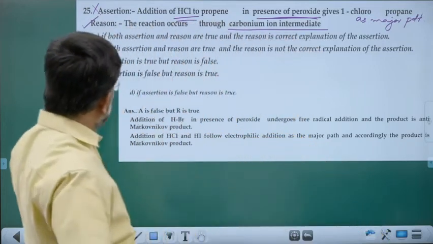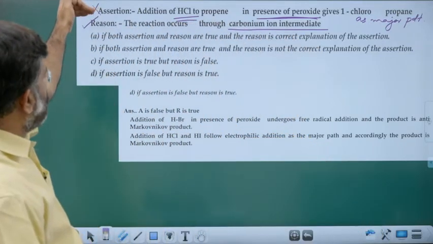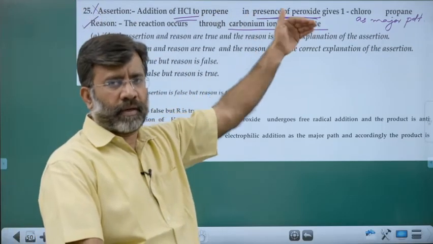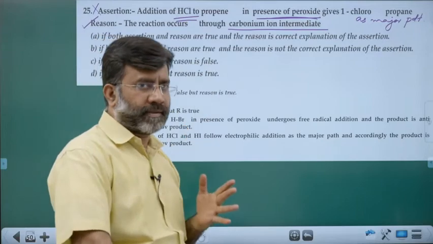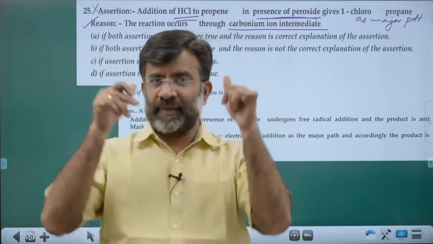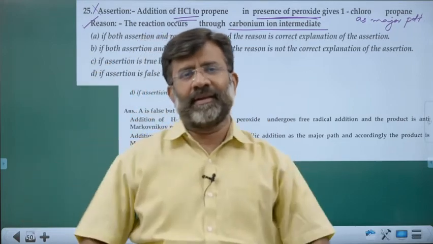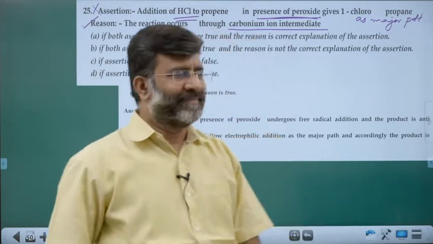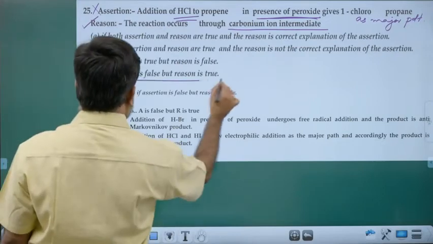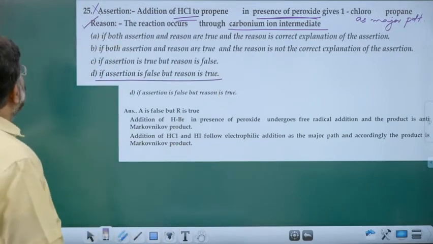So the second statement is correct, the first statement is wrong, assuming the intention is regarding major products. If you look meticulously, that statement can be 50-50, true and false. Okay. Next. So that's how the answer option D comes.